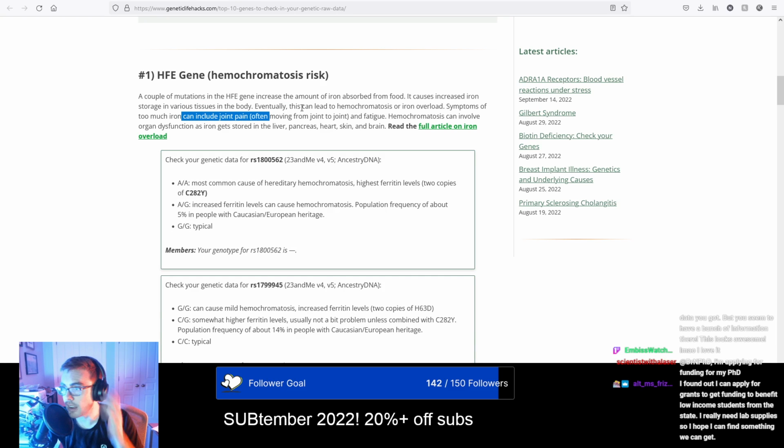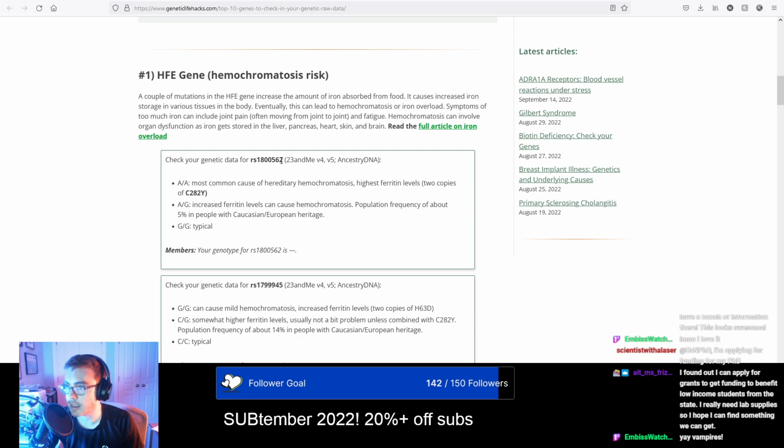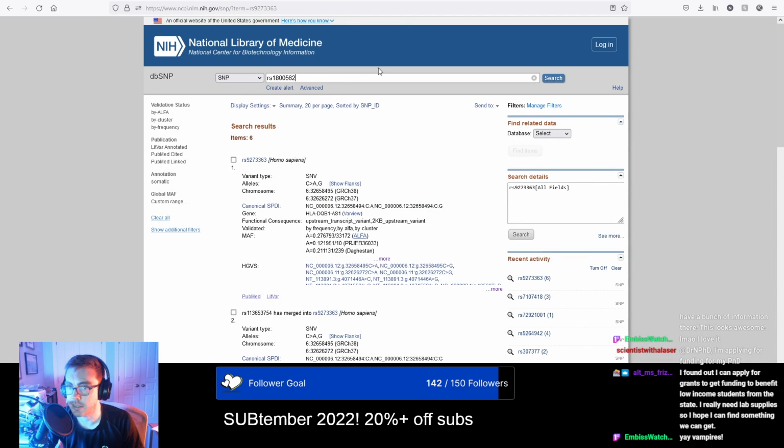Ooh, iron overload. We were talking about this with vampires. So hey, let's see if I would be a successful vampire. So hemochromatosis is caused by an increased iron storage in various tissues in the body. Yeah, let's look up this one. I want this one.